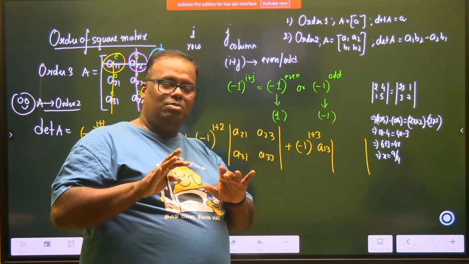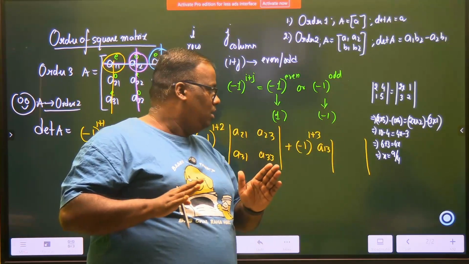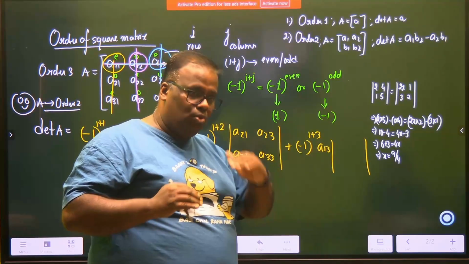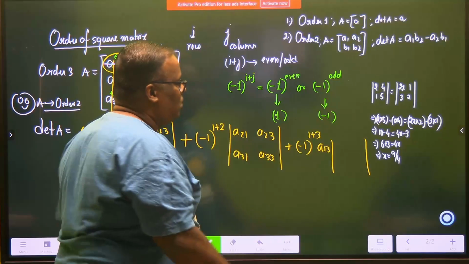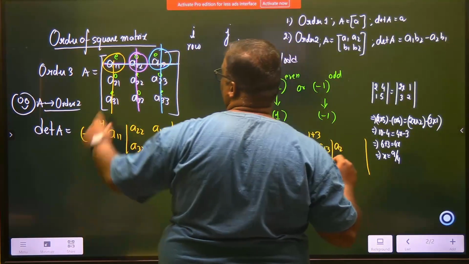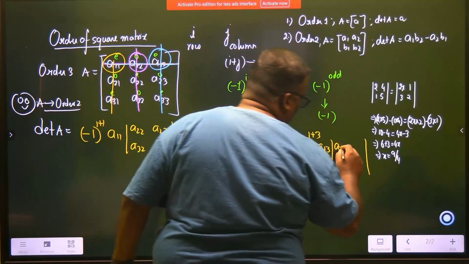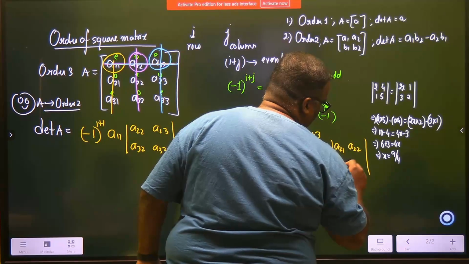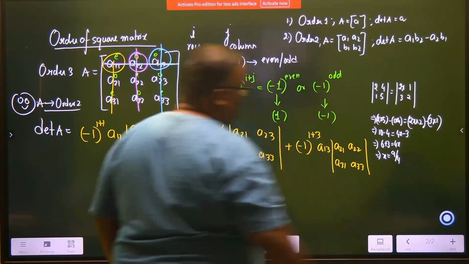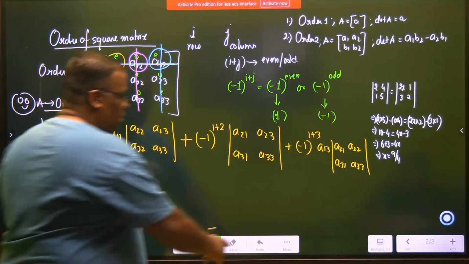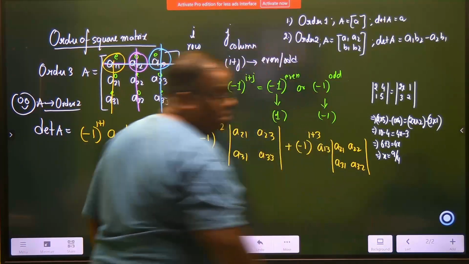So you will be playing between columns 1 and 2, rows 2 and 3: A21, A22, A31, A32. That is the value of this determinant.